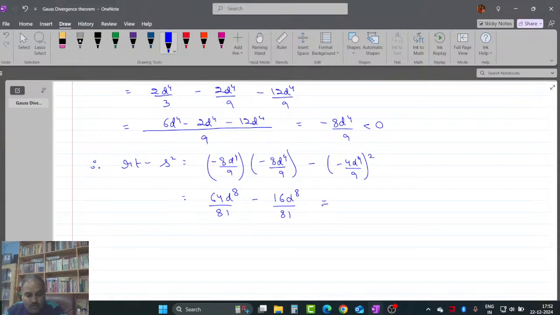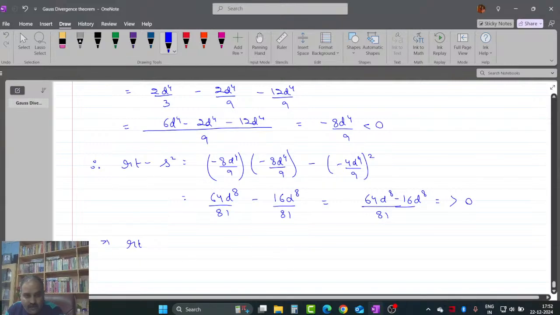So it comes out to be, if I take LCM, 64d⁸ minus 16d⁸, a positive value always.